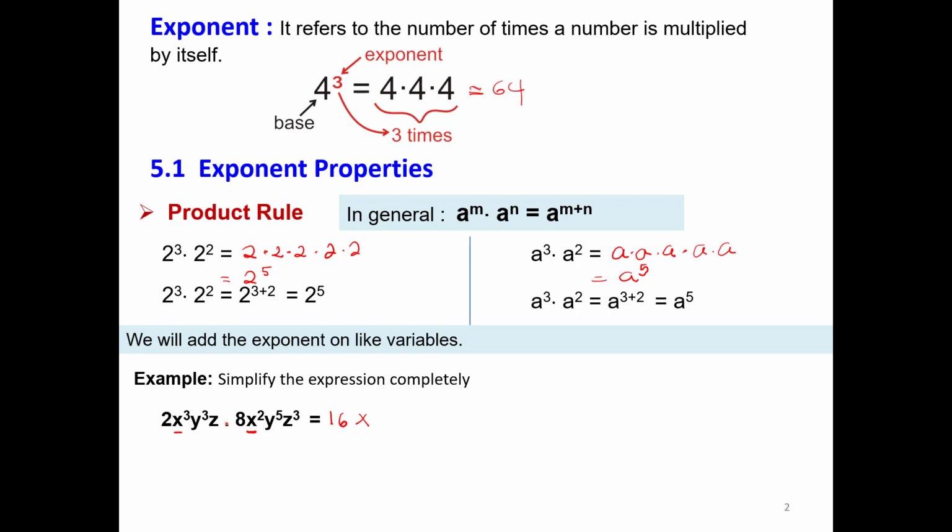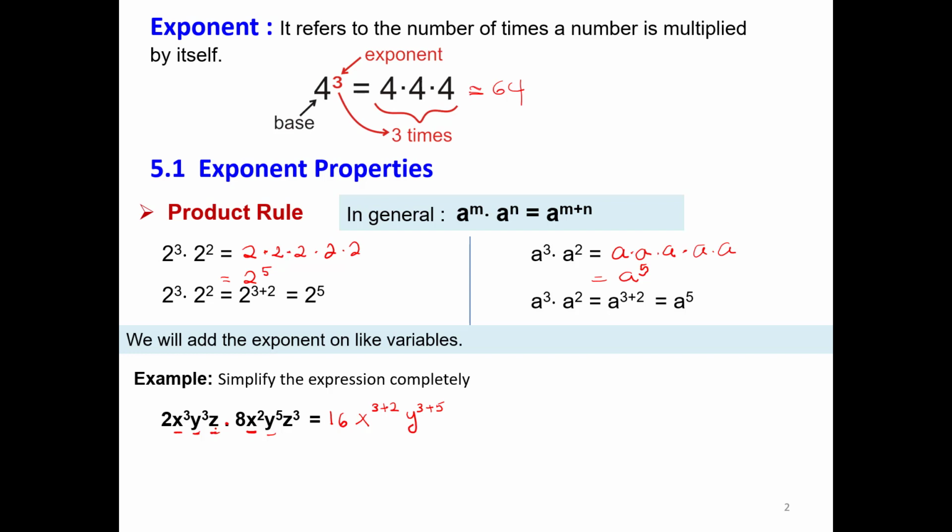We have the product, so now we can add the exponents. Then it's 3 plus 2. Now y. We have y to the third plus 5.